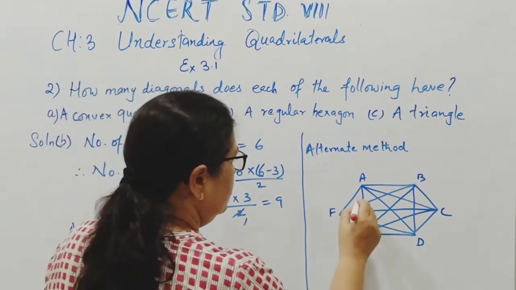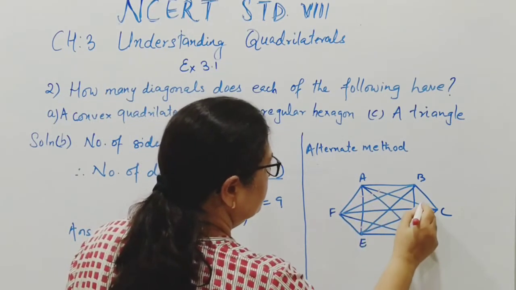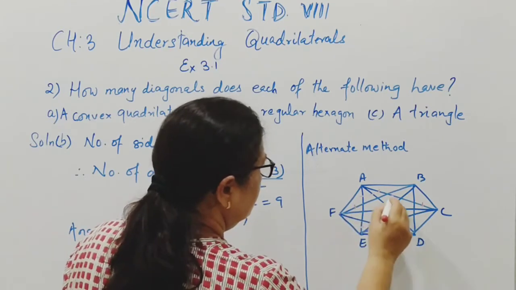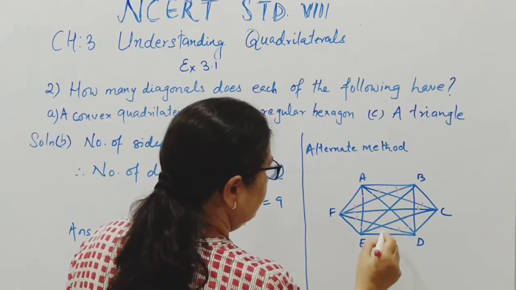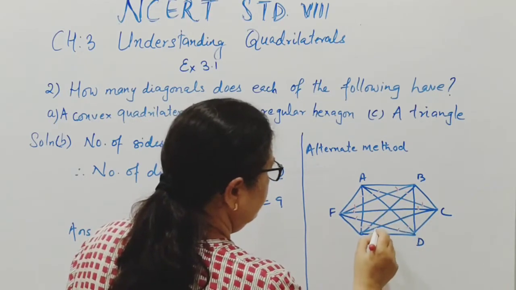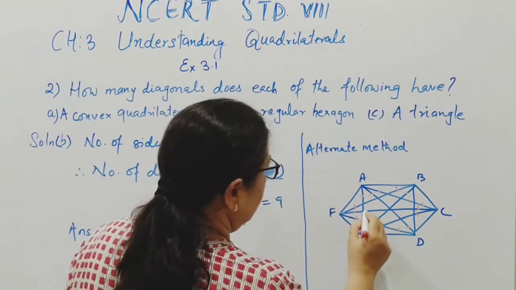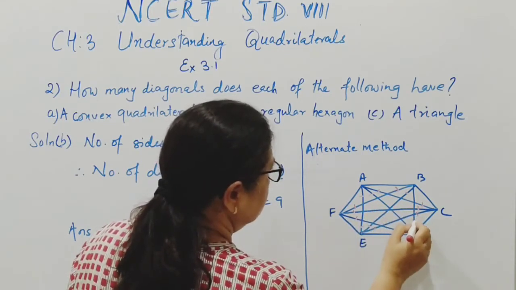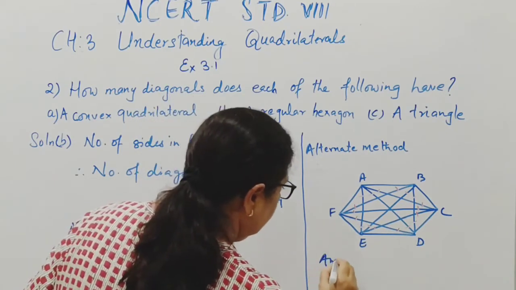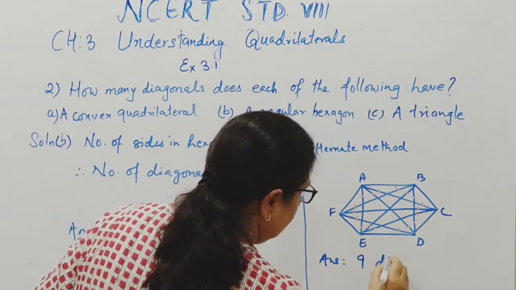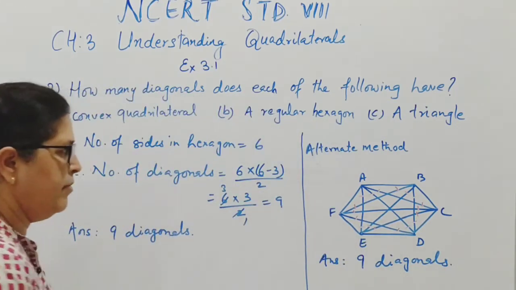Now let us count. 1, 2, 3, 4, 5, 6, 7, 8 and 9. 9 diagonals. In both the cases, we'll get the same answer.